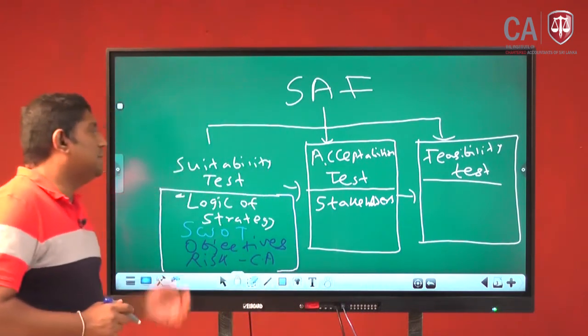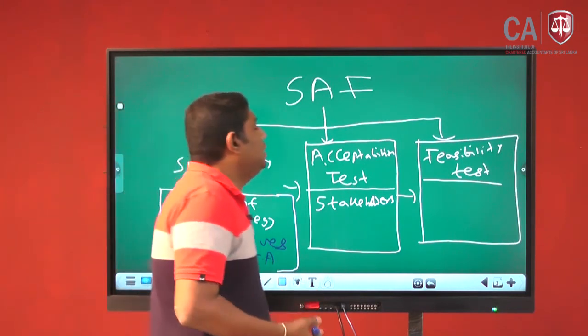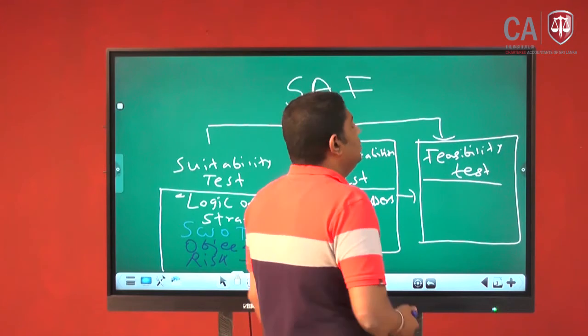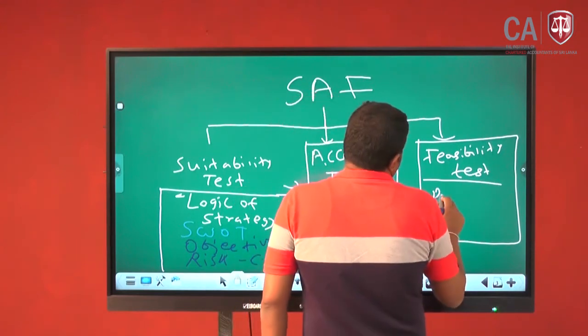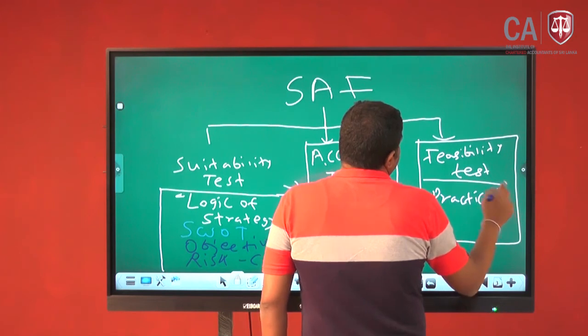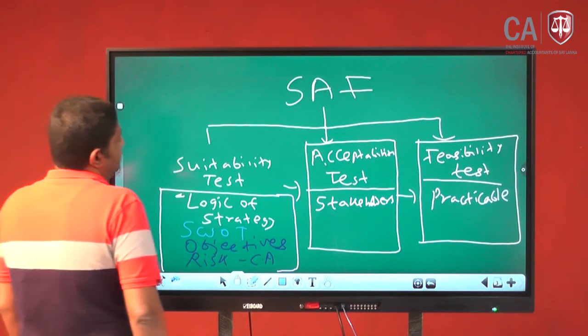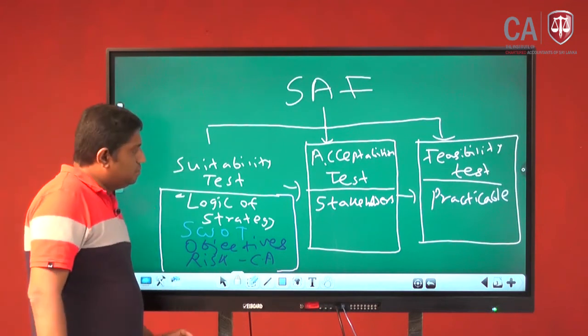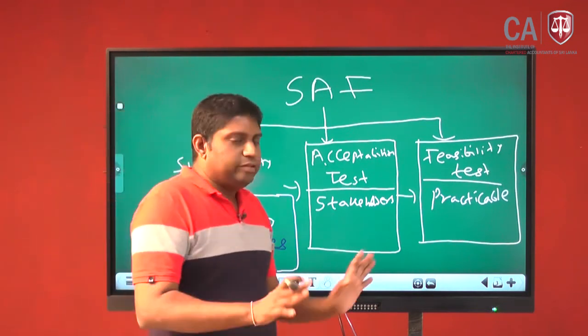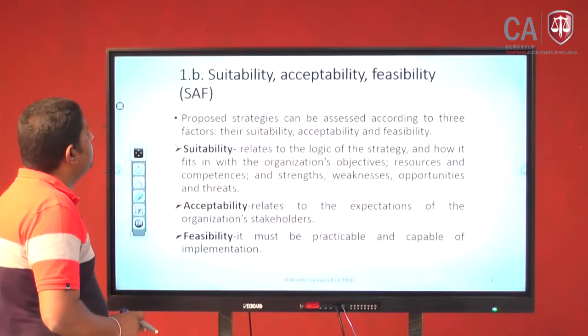In the feasibility test, it looks at the practicality of implementing the strategy, whether it is practicable to implement. So, these are the three main tests to be carried out.